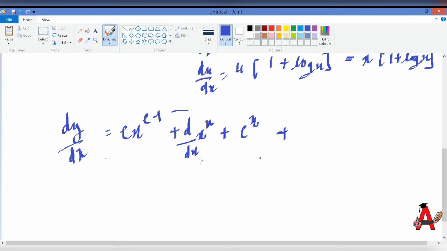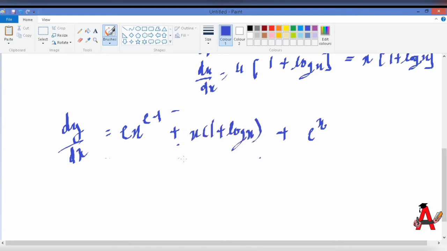Upon this particular part you can delete and you can write here, the derivative of this part can be written as the same as x raised to x, which we have just found out, x raised to x into 1 plus log x.